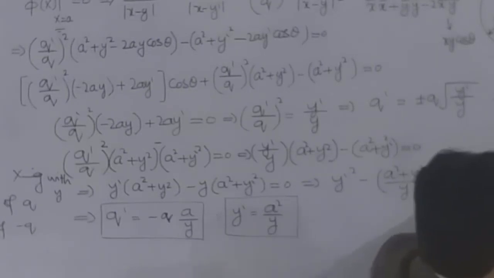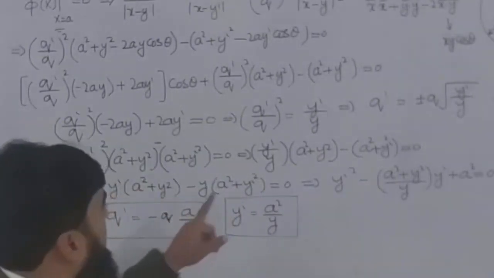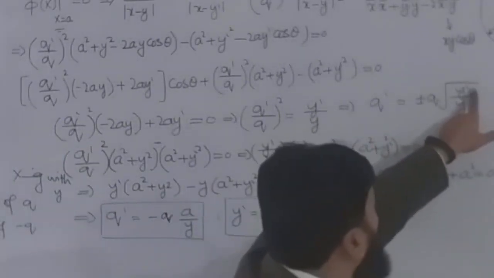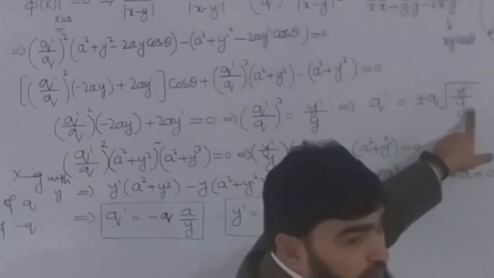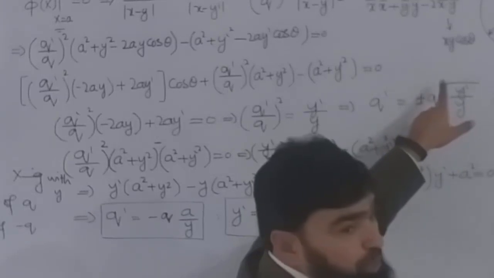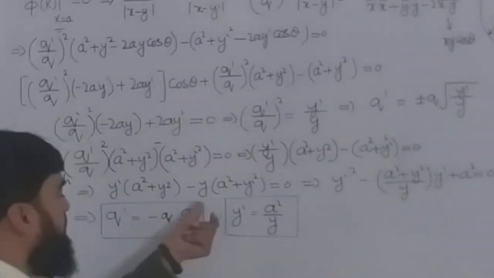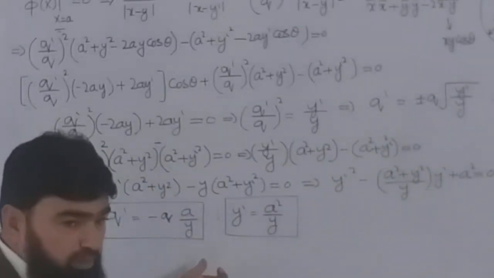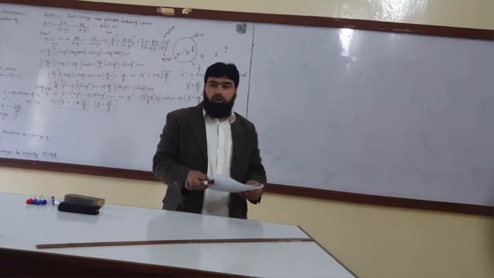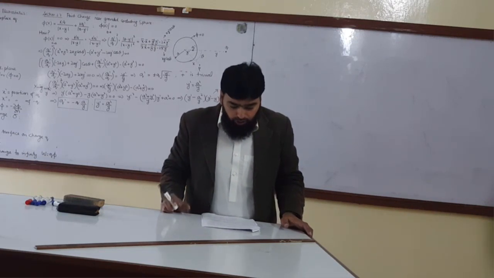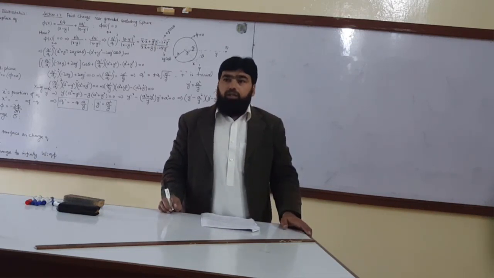So y prime will be equal to a square over y. A square over y square. So out of the square root it will become minus q a over y. Clear? Yes. Okay. So this was the merger of the two within the sphere.